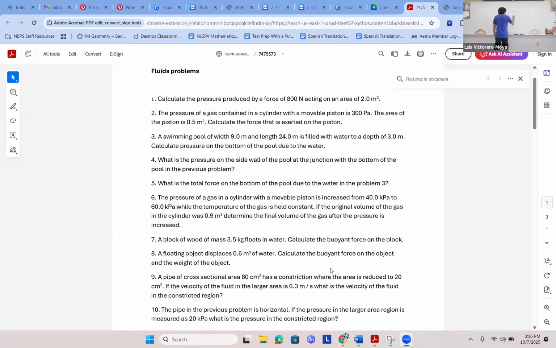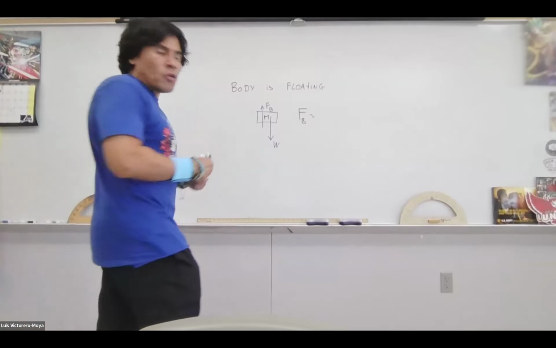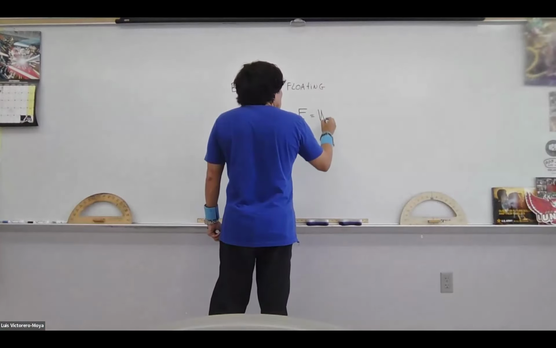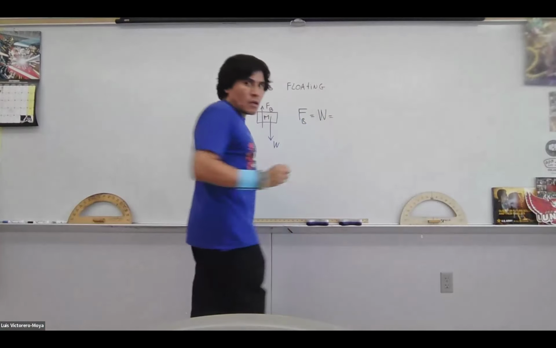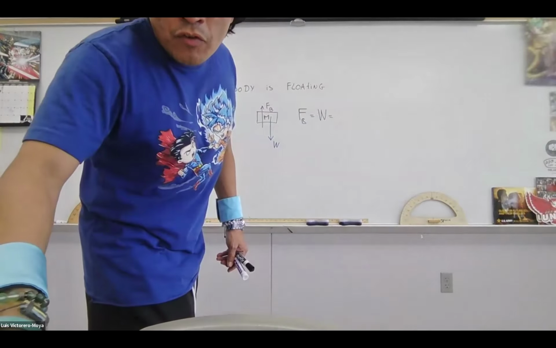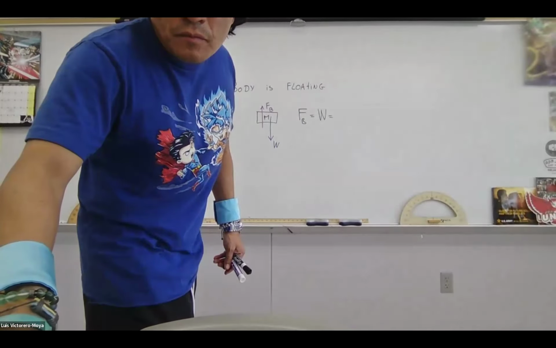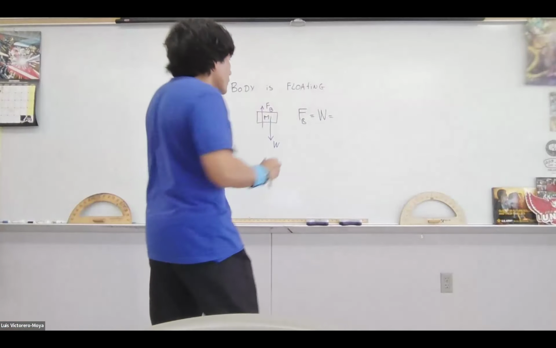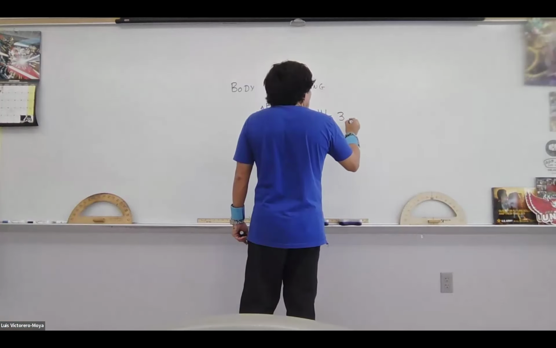So the buoyant force is the weight, which is the mass, 3.5 kilograms, multiplied by 9.8.